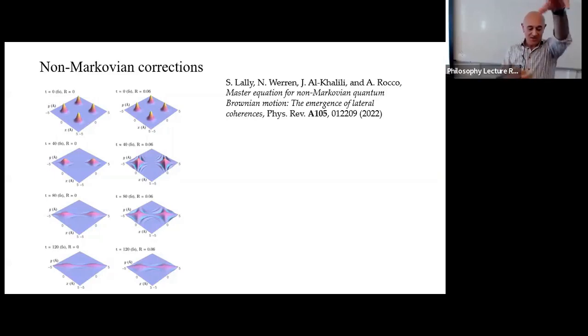The 2 bumps vertically, those are the off-diagonal elements that describe quantum coherence. The left column here, what I've called R equals 0, that's the standard Caldeira-Leggett Markovian version. On the right-hand side is adding in this non-Markovian correction.